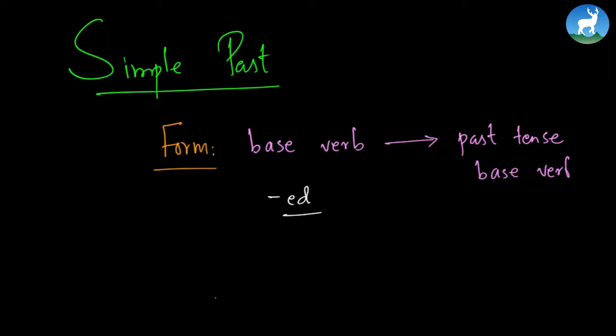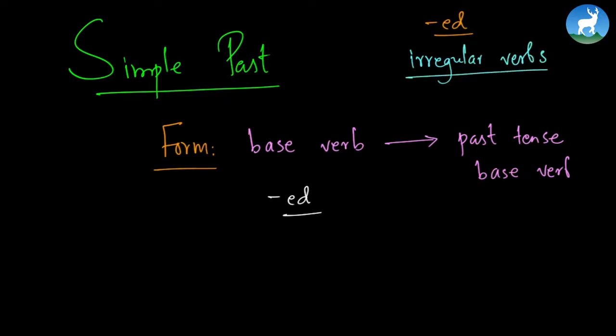However, much like the simple present tense, there are a lot of irregular verbs with different past tense forms. For regular verbs, we can simply add ed at the end and make it a past verb, but for irregular verbs, it is not possible because they follow a different rule.